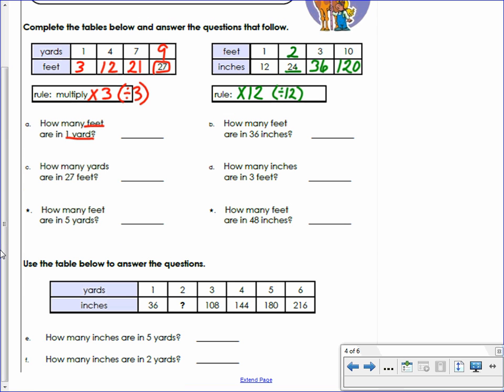So our rule is going to be times 36. 1 times 36 is 36. 2 times 36 is going to give us 72 inches. Using this table, go ahead and complete the rest of the sentences on this page.